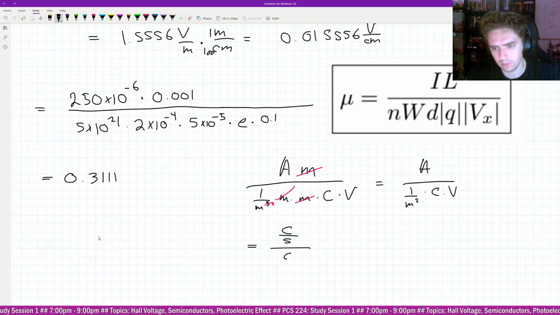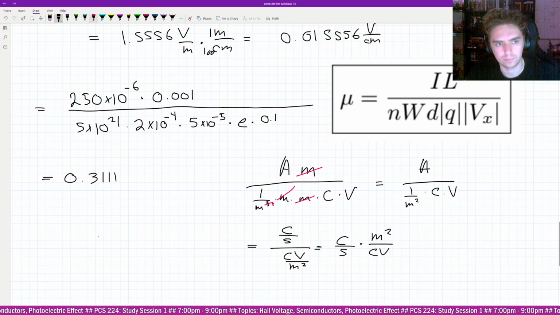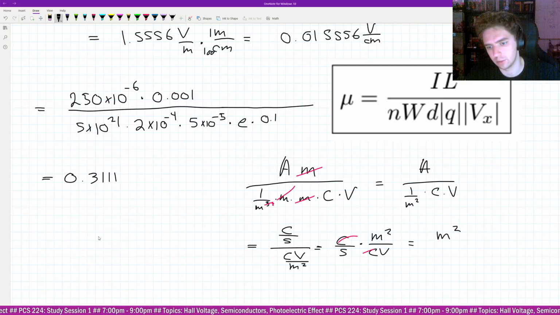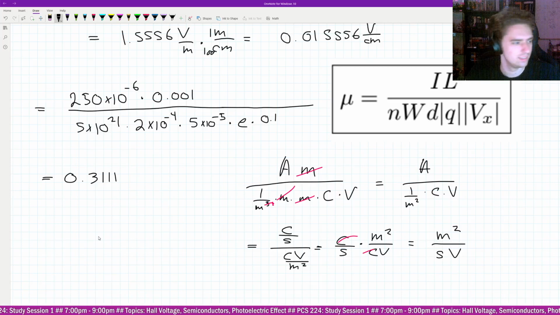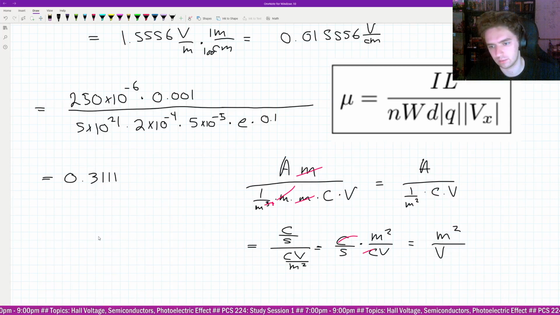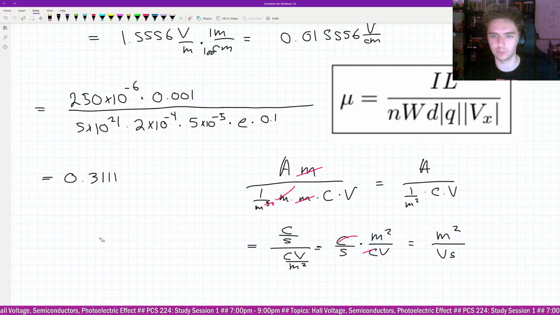Coulomb volt meter squared is going to end up being C over S times meter squared over coulomb volt. That will cancel out, so it's going to be meter squared over volt seconds. And that is what it's supposed to be. So that is the unit of our mobility: meter squared per volt second.